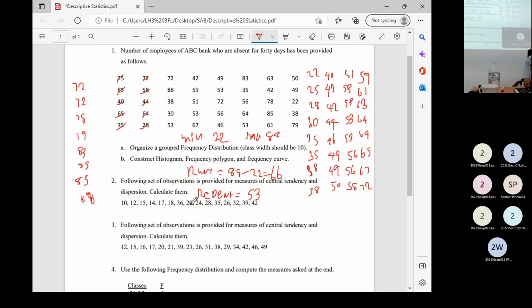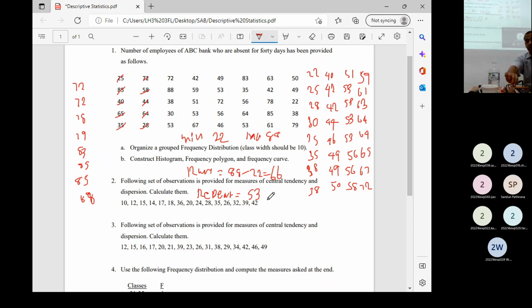The highest repeated one is 53. You can identify like that. That is the array. The stem and leaf diagram we take as support, and from that you can organize.